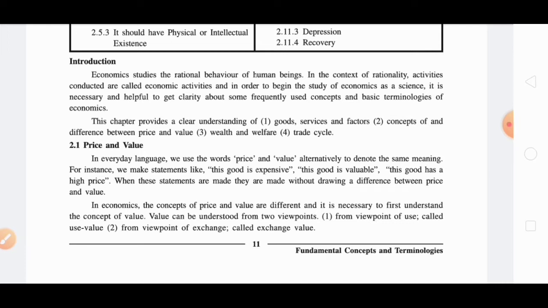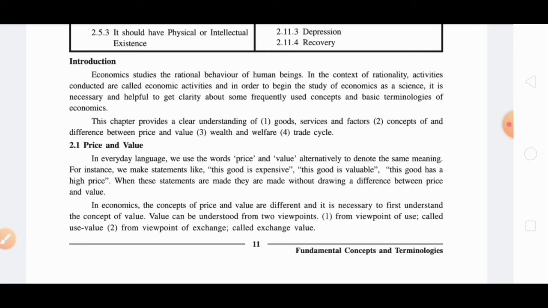As we haven't discussed economic activities, first of all let me clear the meaning of economic activities. It is said here that in the context of rationality, activities conducted are called economic activities.